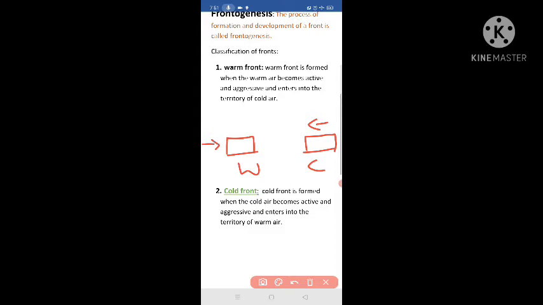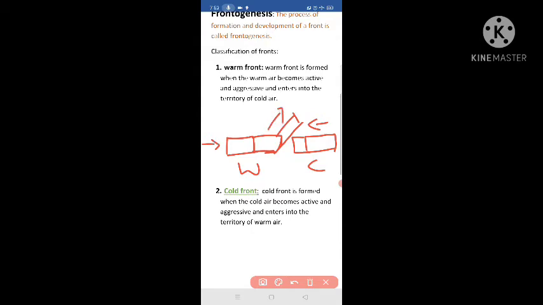When they come closer, you know that the cold air mass is denser and heavier. When the warm air mass comes closer to the colder air mass, it is unable to replace the cold air mass which is denser and heavier, so it will move like this. It rises up.